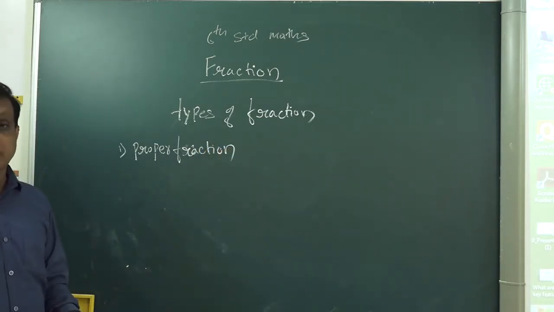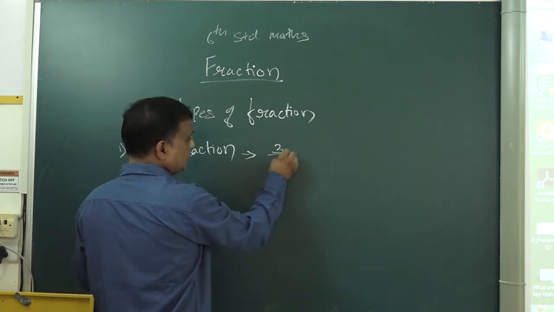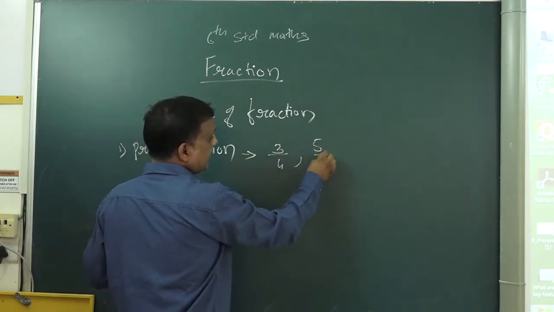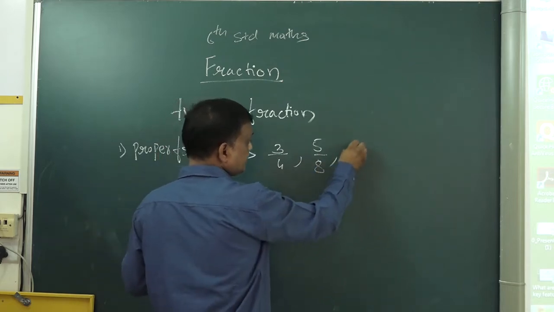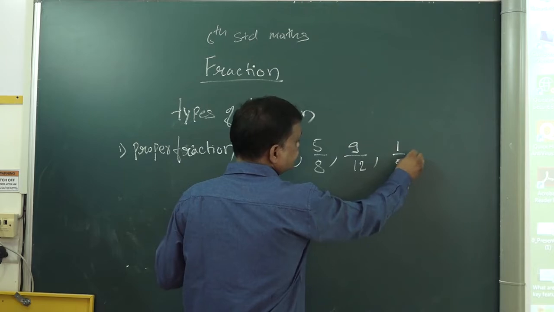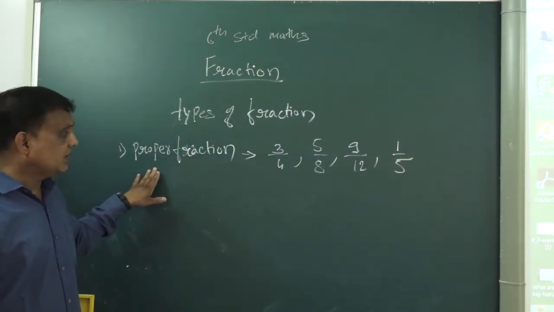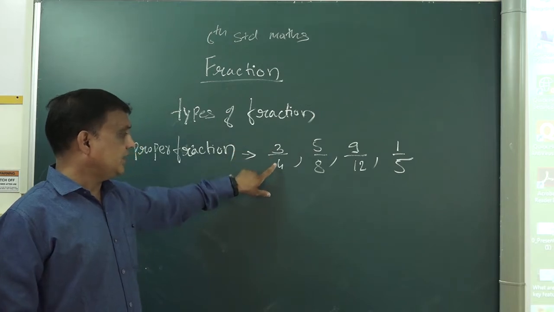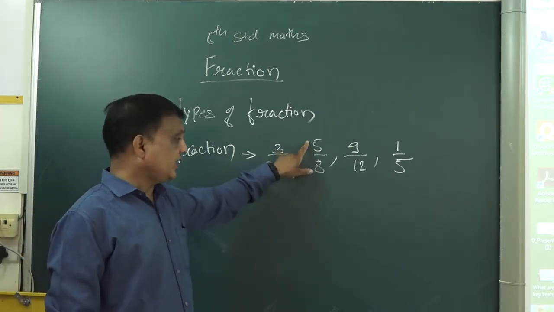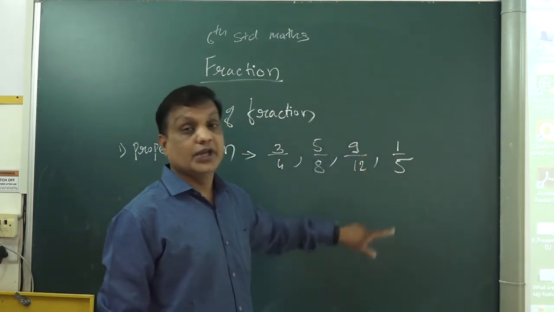Proper fraction. Here I am writing some fractions like 3 upon 4, 5 upon 8, 9 upon 12, 1 upon 5. If you see in a proper fraction, here is the numerator and here is the denominator.